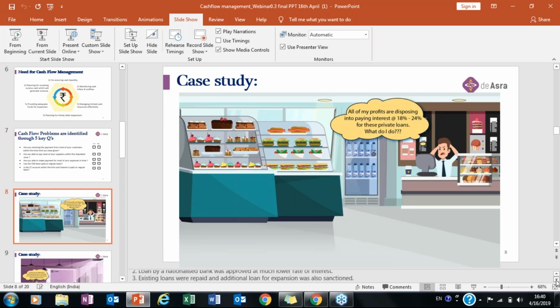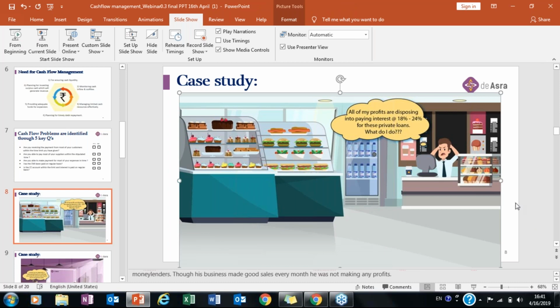Existing loans were repaid and an additional loan for expansion was also sanctioned. As he was paying a lot of interest on his existing loans, the new loan helped him repay them, and he also got enough money to expand his business substantially. So this was the story.